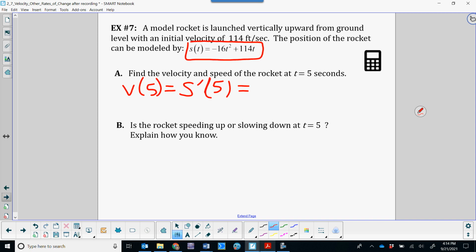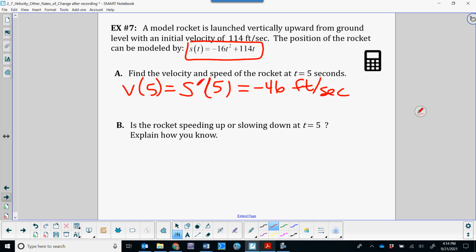You have told them that you are aware that the velocity is the derivative of the position equation, and you're evaluating it at 5. It's a calculator question, so we do not do anything except put it in the calculator, and then always, always, always we include units. Very important to remember that. Units, units, units, units.